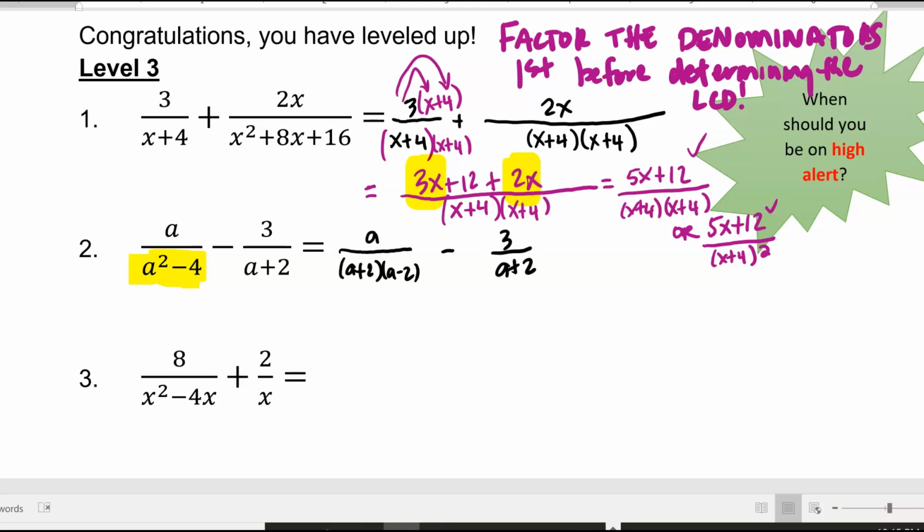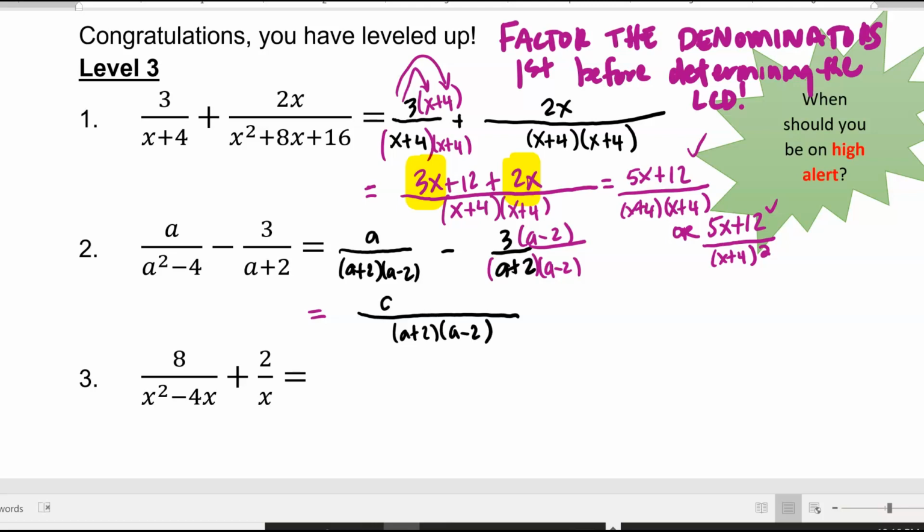Well, in order to get them both to be the same, we want in both denominators a plus 2 times a minus 2. So that would mean that I would need to multiply the denominator on the right by a minus 2. So we will have a denominator of a plus 2 times a minus 2.